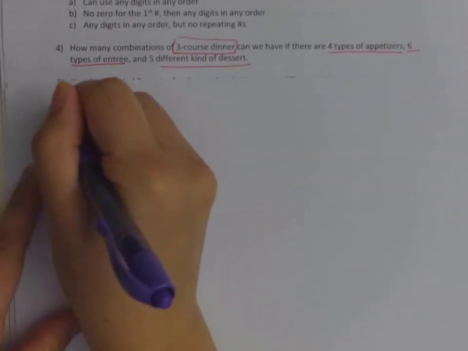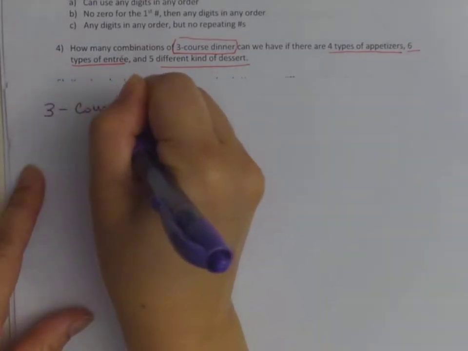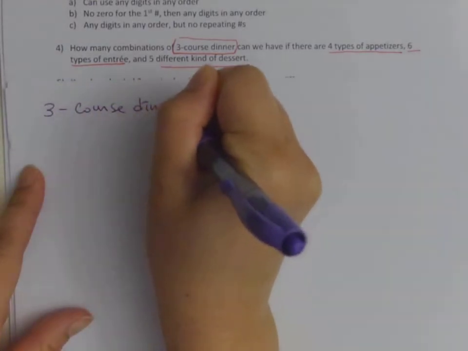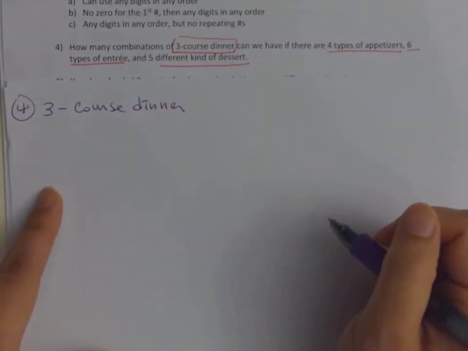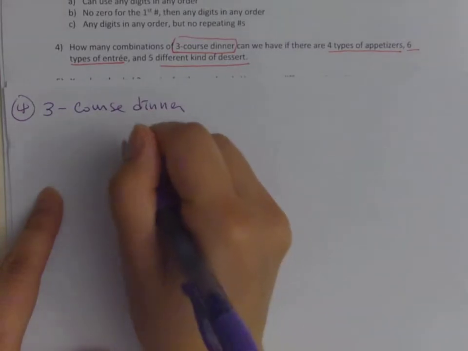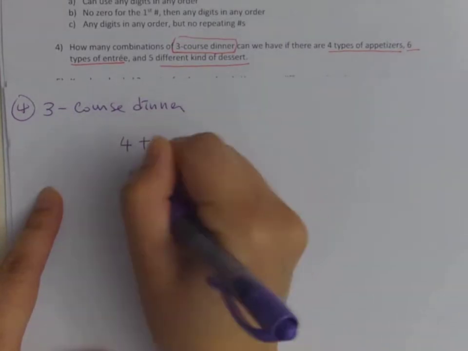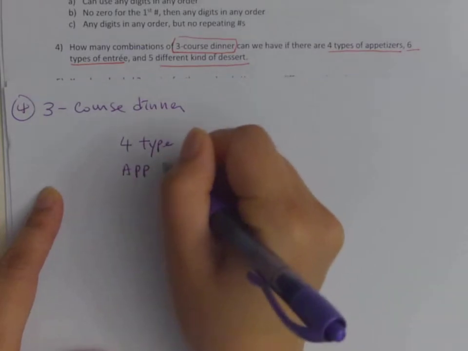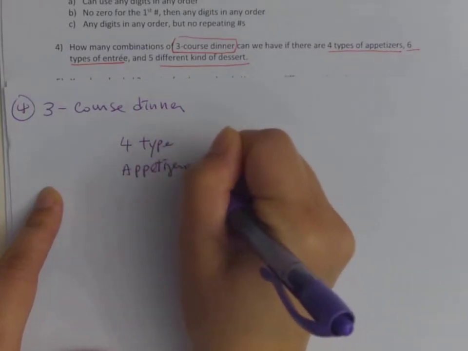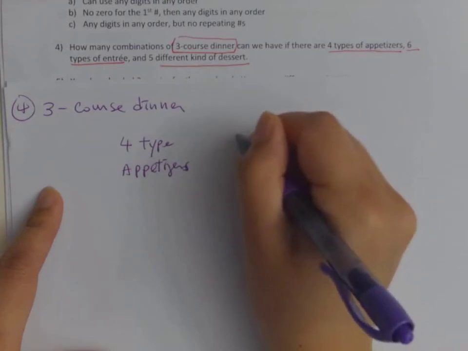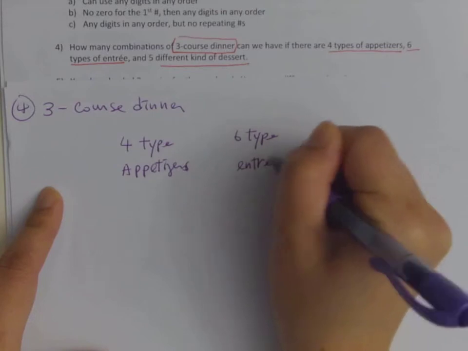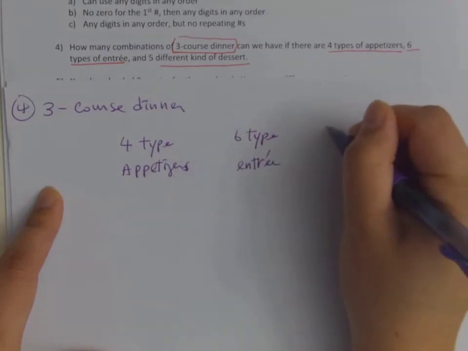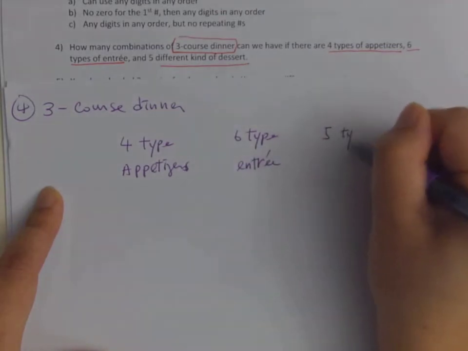So number 4, we're going to do a 3-course dinner. Okay, so we have 4 types of appetizers, and then we have 6 types of entrees, and then also 5 different kinds of desserts.